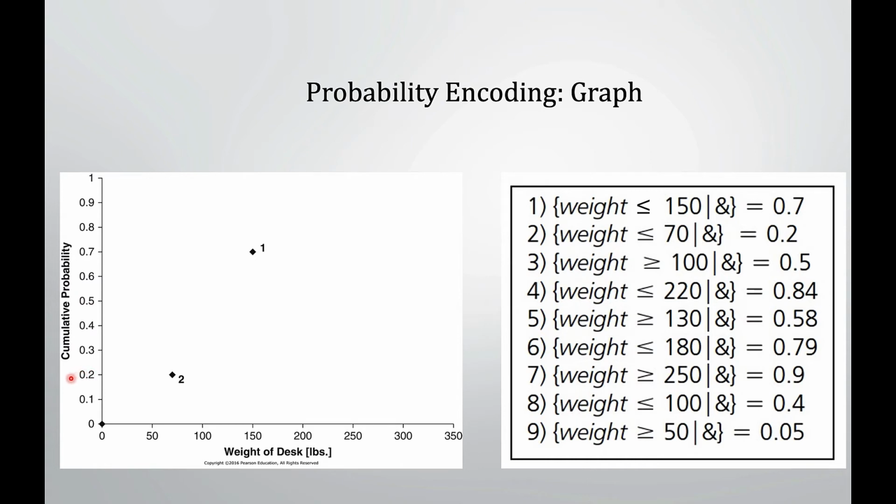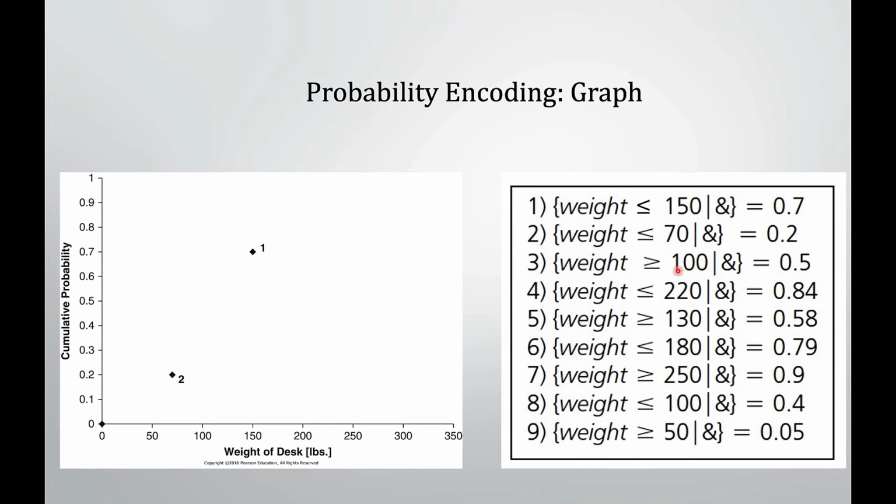Okay. Now the third one is tricky. You believe the weight is greater or equal to 100 pounds with a probability of 0.5. Okay, look at here, the sign flipped. However, what you can put on this graph is the cumulative probability, which means you need to put the probability that the weight is less or equal to 100 pounds in the graph.